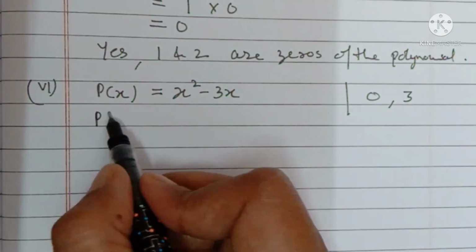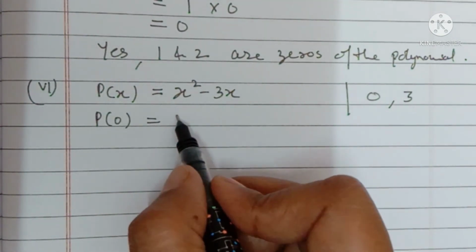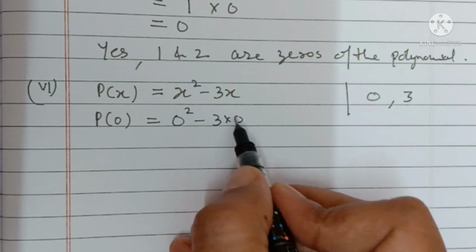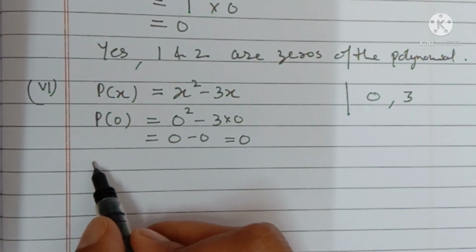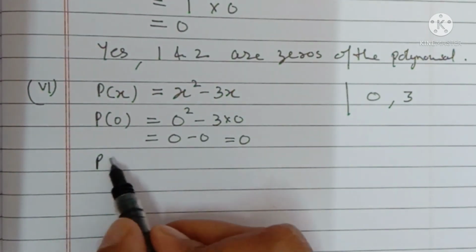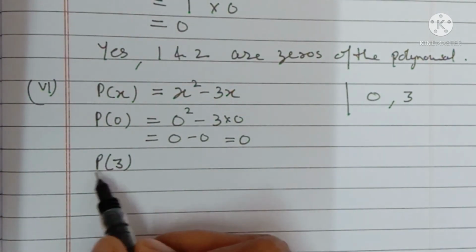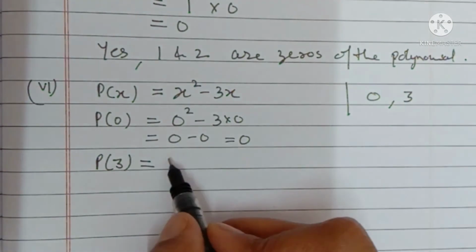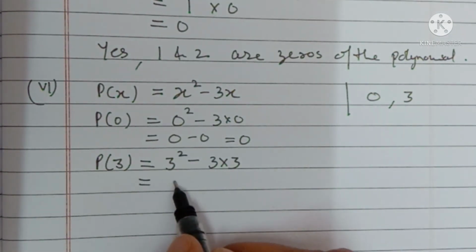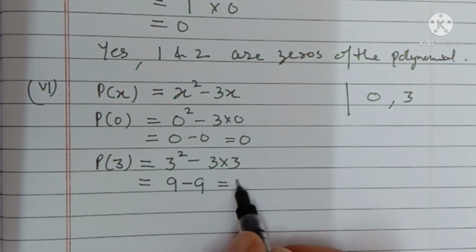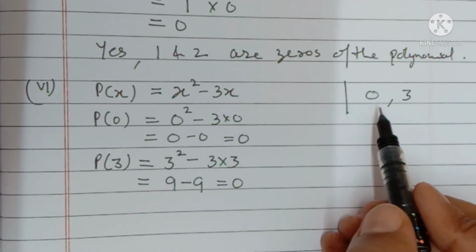So p(0) = 0 square minus 3 into 0, which is 0 minus 0, equal to 0. And p(3) = 3 square minus 3 into 3. So you will get 9 minus 9, equal to 0. Both are zeros of the polynomial.